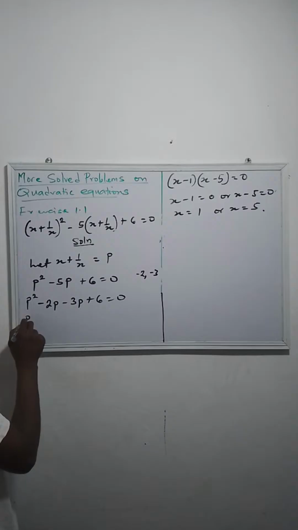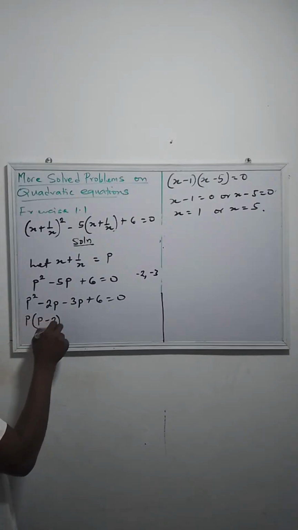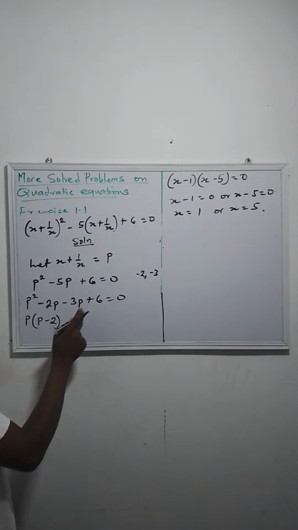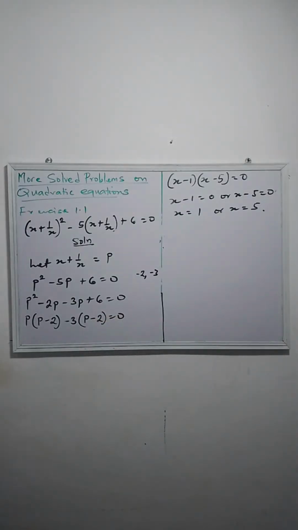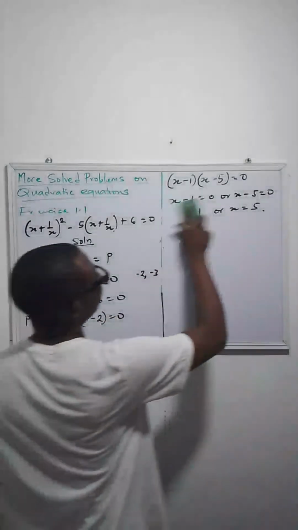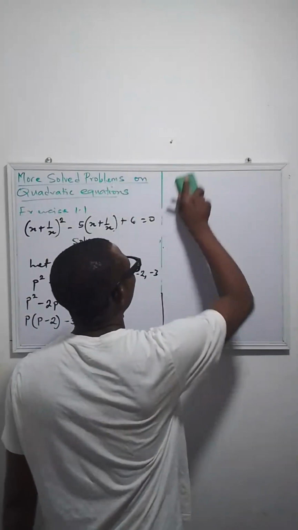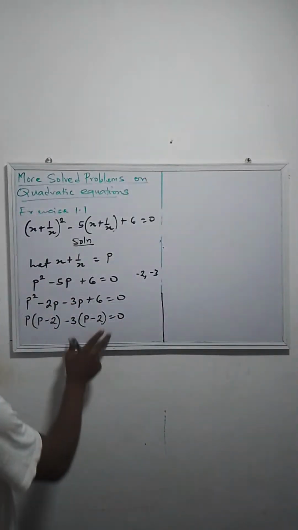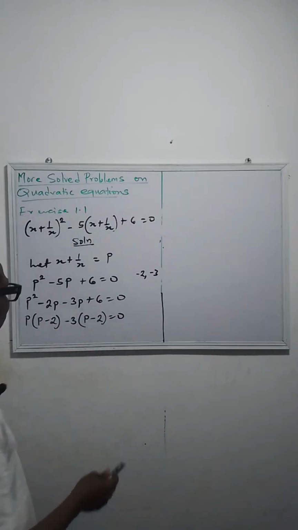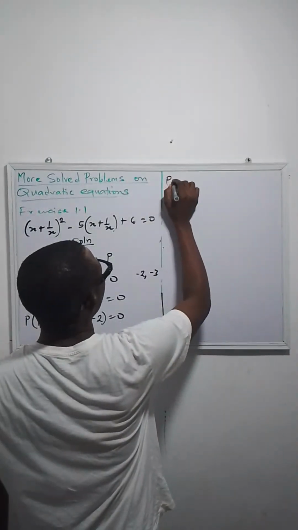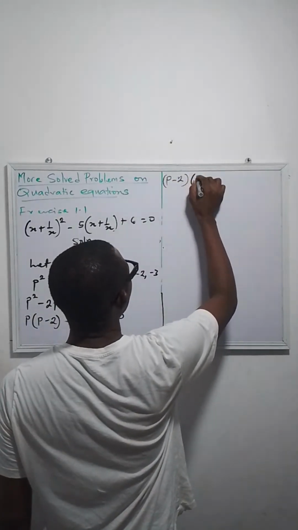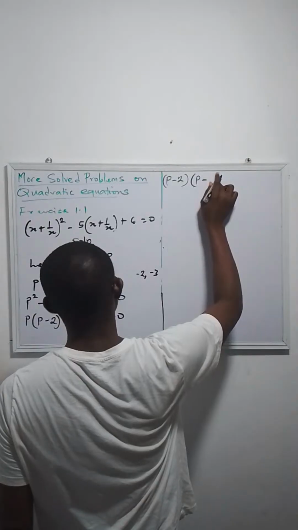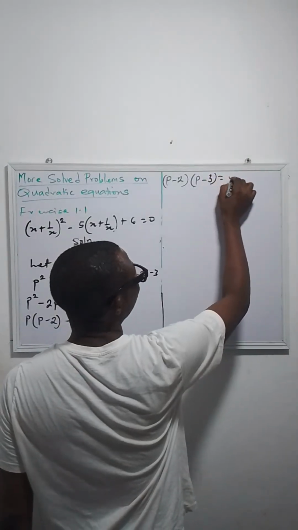So the GCD is p, we have p minus 2. Now what is the GCD of these two terms? We have negative 3. So we have p minus 2 equals 0. All right, do you understand that? So the next thing is to find the GCD of these two terms here, and that is p minus 2. You have p minus 2, and you're left with what? p minus 3 equals 0.